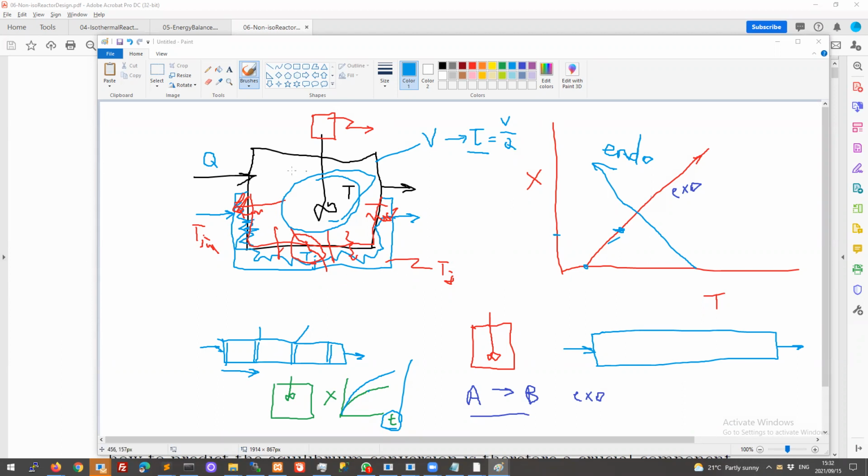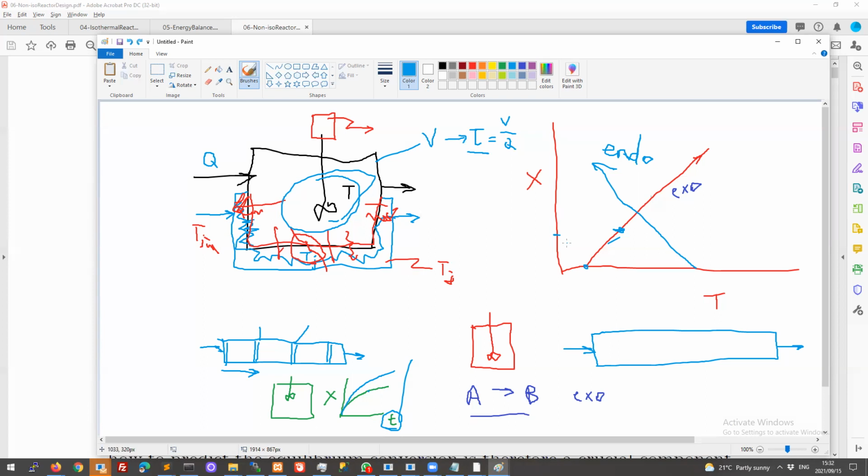Number one, we want to operate this reactor at a nice high rate. A way to start thinking about this is to remember that when we were doing reactor design in the isothermal case, we were always trying to look at how to get the rate up.